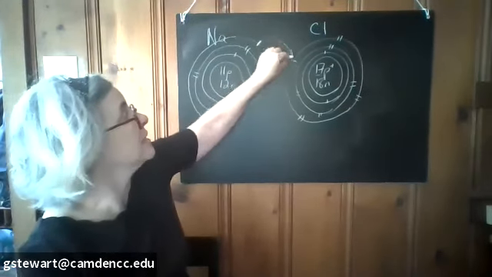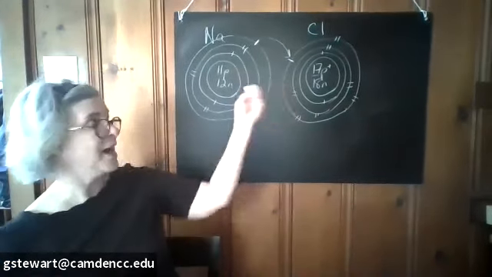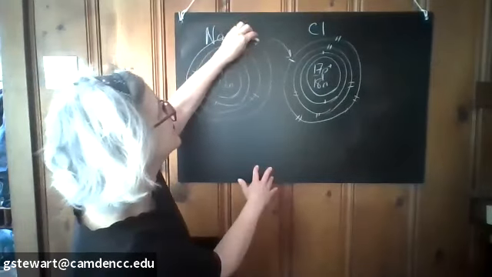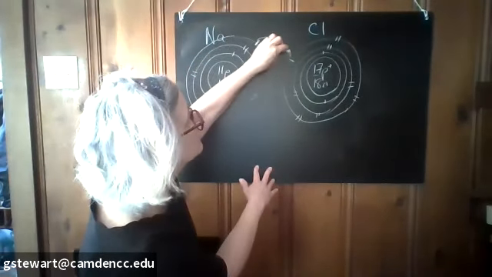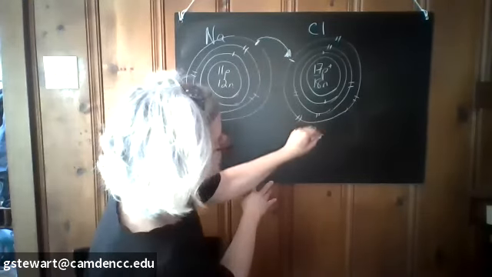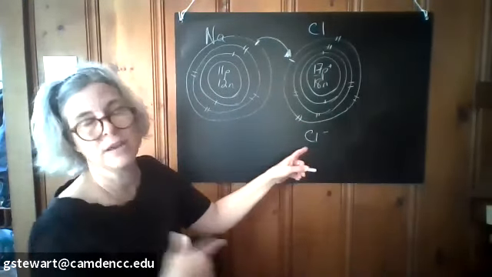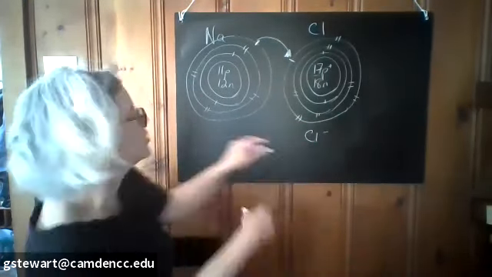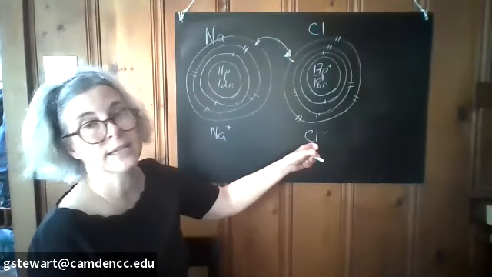An ionic bond is formed between 2 ions. As soon as this electron leaves sodium and goes to chlorine, chlorine is going to become an ion with a negative charge, and sodium is going to become an ion with a positive charge, because this one lost an electron, this one gained an electron.